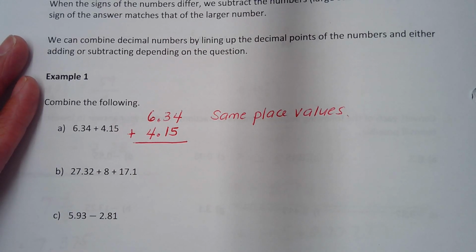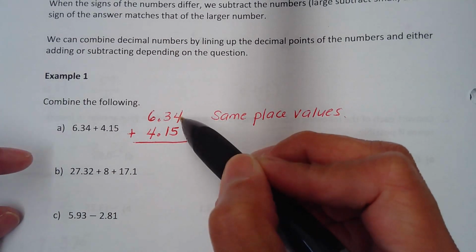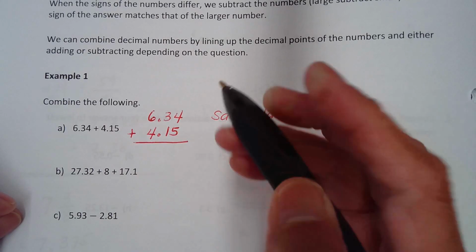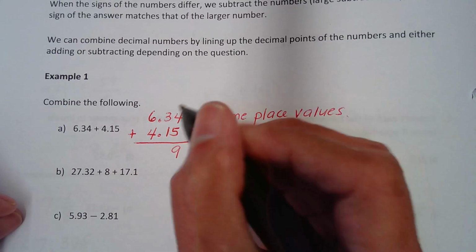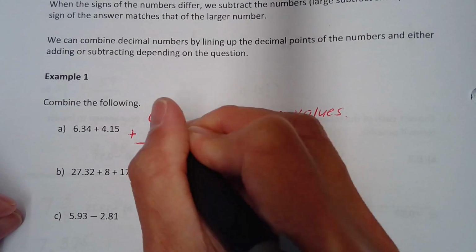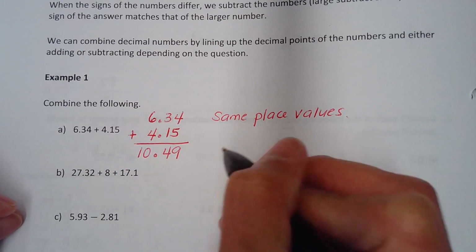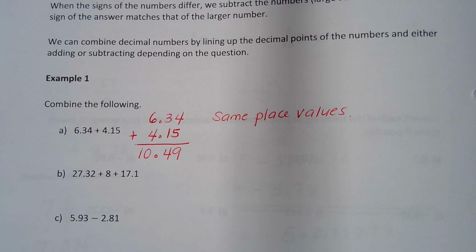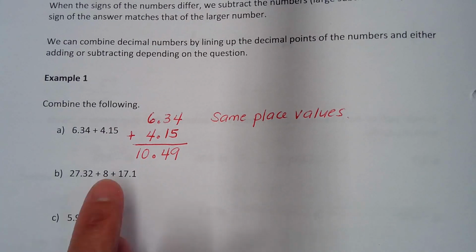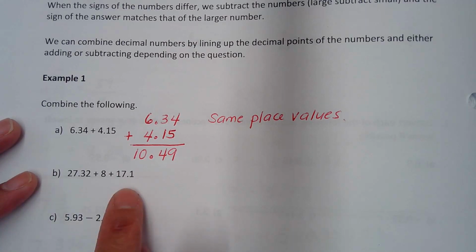Okay, so how do we do that? Well, we know how to add them up now. So 9, 4, point, and then the 10. So this is going to be 10.49. Okay? Good.